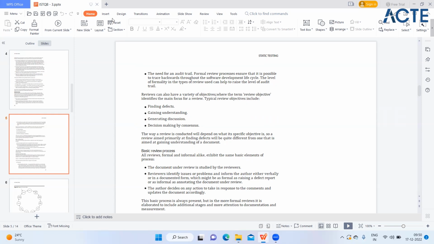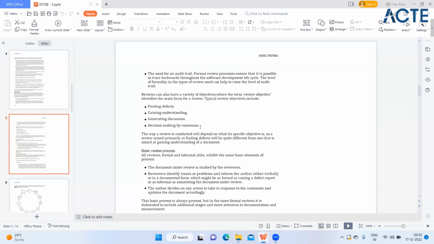Okay. Now, reviews can also have a variety of objectives, where the term review objective identifies the main focus of a review. Typical review objectives include finding defects, gaining understanding, generating discussion, and decision making by consensus.